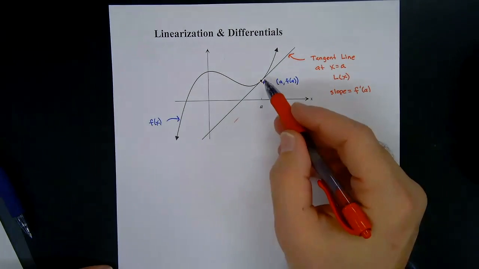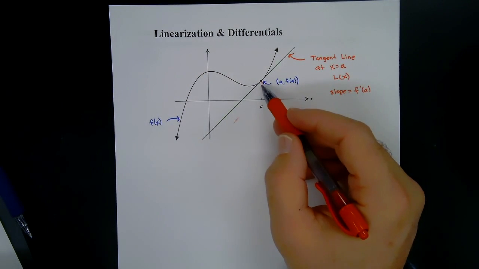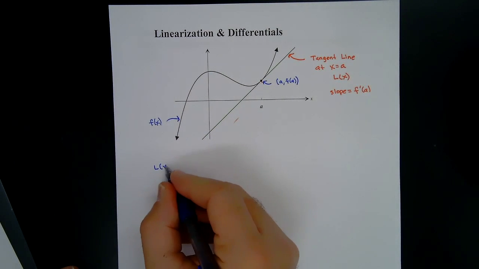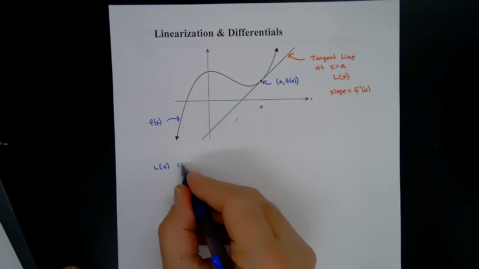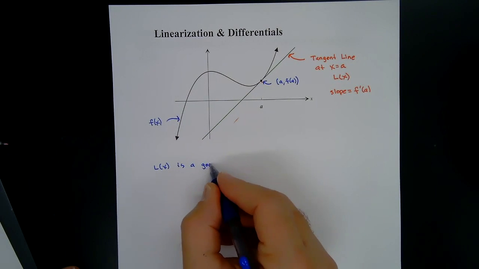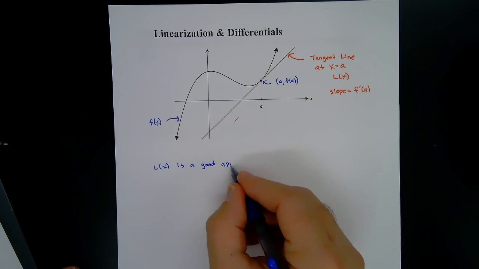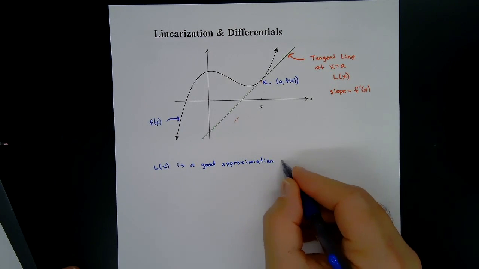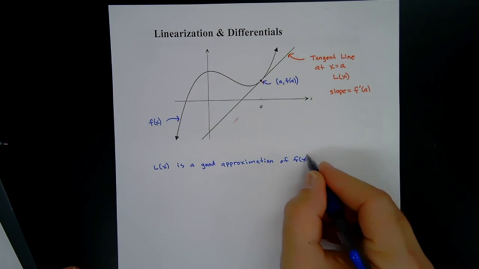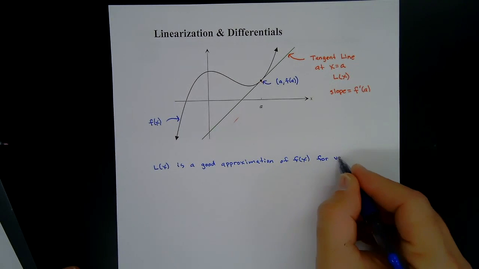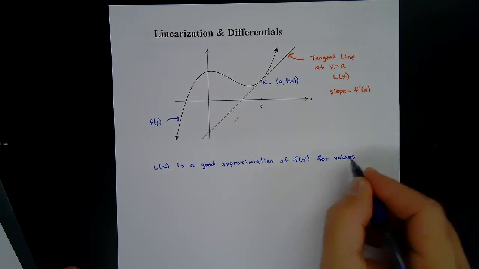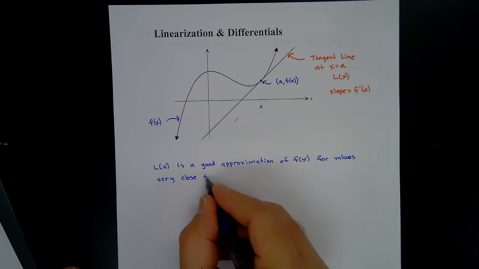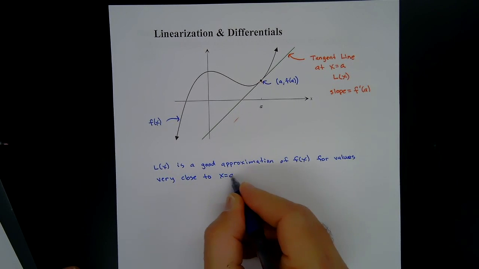So right around the point of tangency, L of x is a good approximation of f of x for values very close to x equals a.